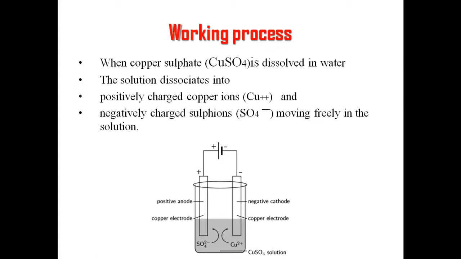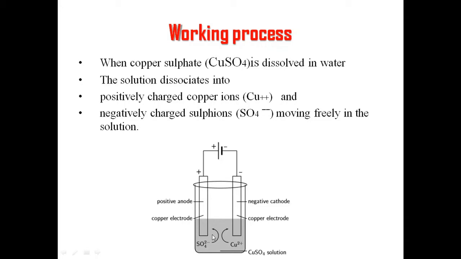Similarly, when the negatively charged sulfate ions reach the anode, they give up two electrons to it, because they carry two negative charges. Those two electrons are given to the anode and the ion becomes a sulfate molecule.